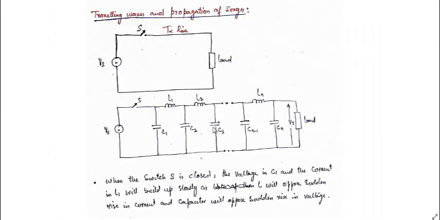But the charging from 0 to maximum and back to 0 will be delayed from this one, and similarly this will be delayed from this. So we can see that this surge has traveled from this capacitor to the next capacitor, and then to the next, over a finite time.